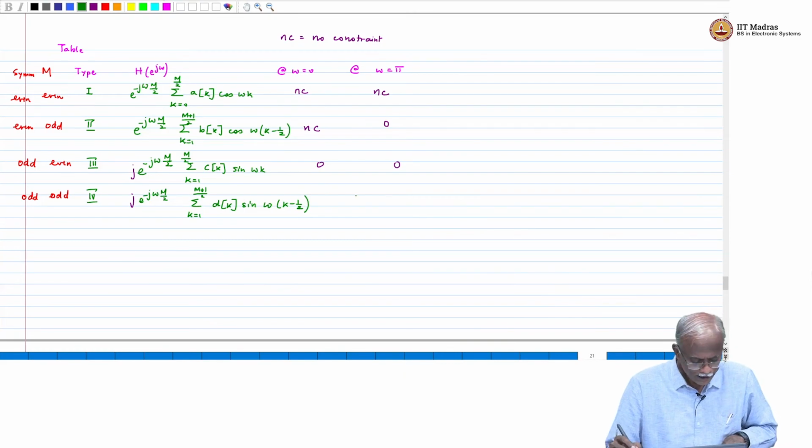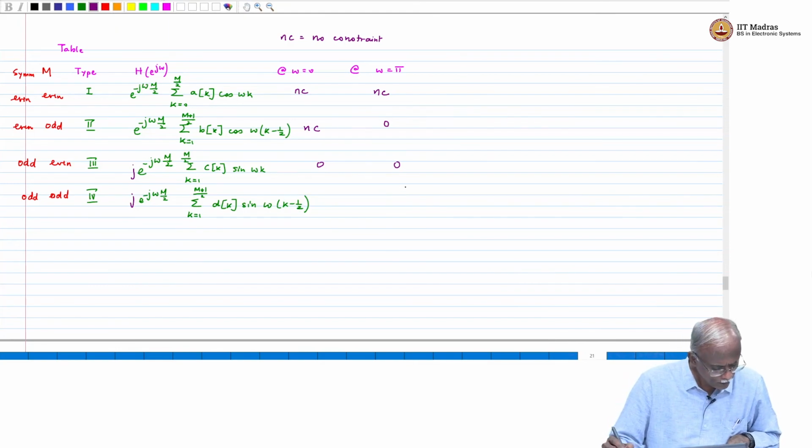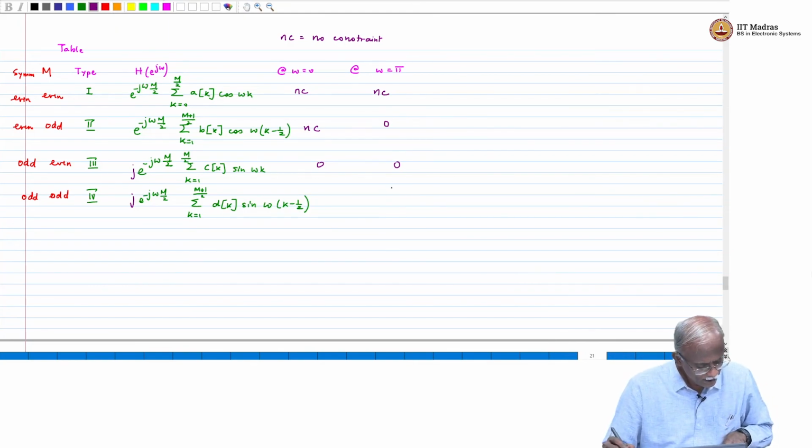This is one which does not have a constraint at ω equal to π, but it has got a constraint at ω equal to 0, right? And this has got no constraint.